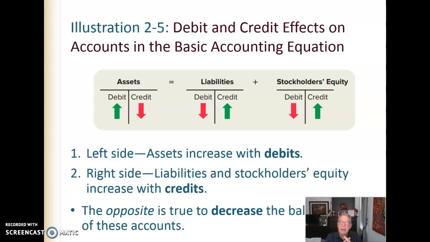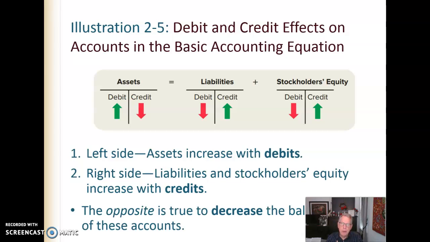So here, the left side is our assets, and that increases with a debit. So the only one you really need to remember is that debits increase the left. So that means credits decrease the left. It's the opposite on the right-hand side.